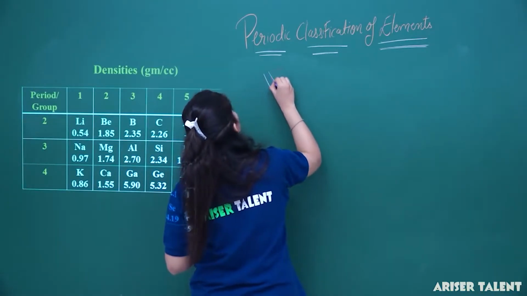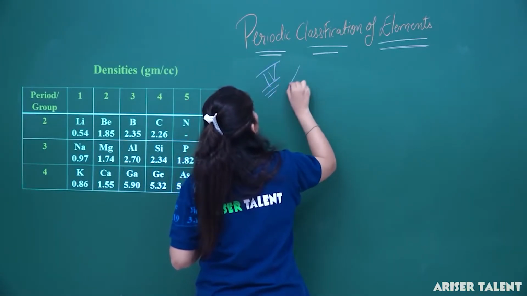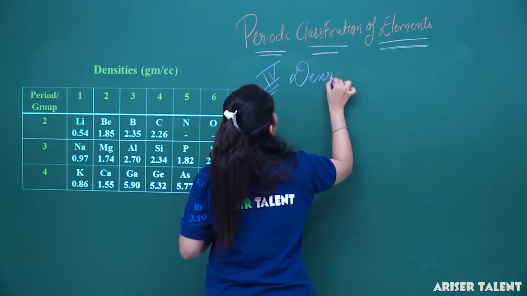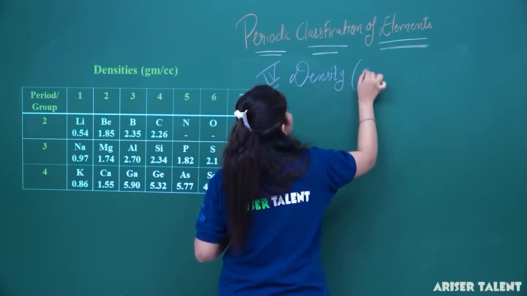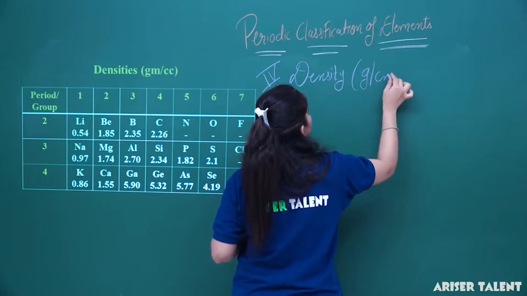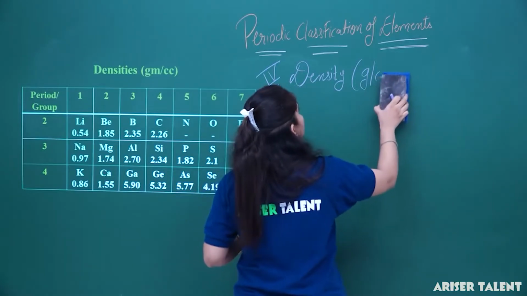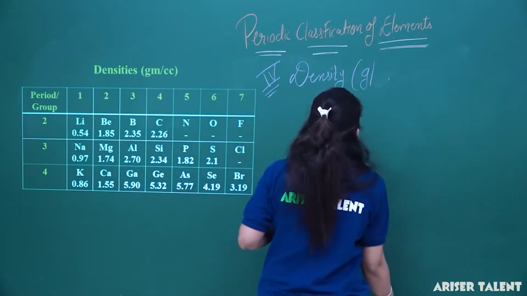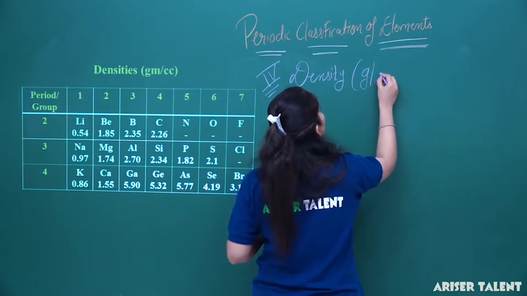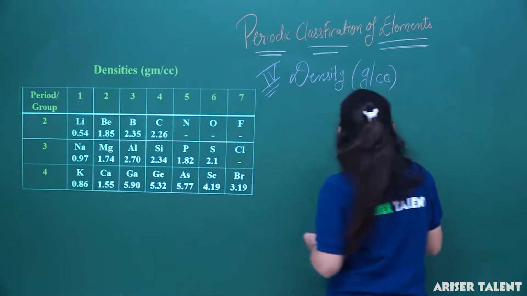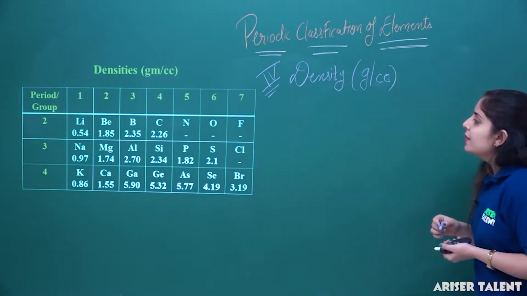So, the fourth category of classification will be density, and the basic unit for calculating density here will be gram per cc. And what is density? Density is basically mass upon volume. The mass per unit volume is known as density.